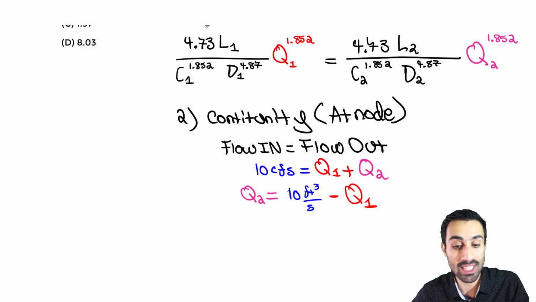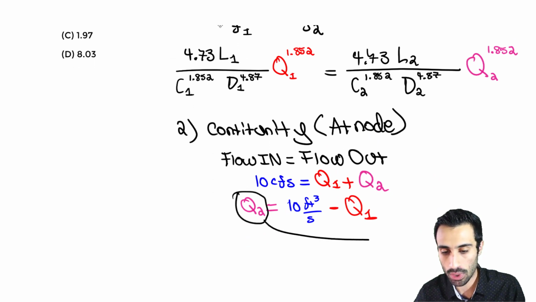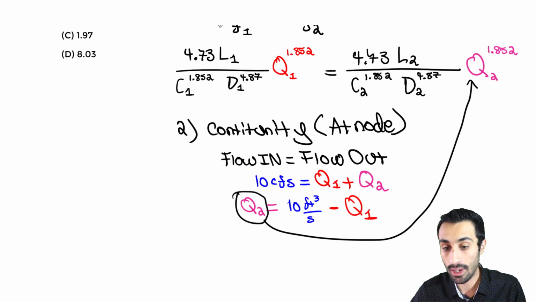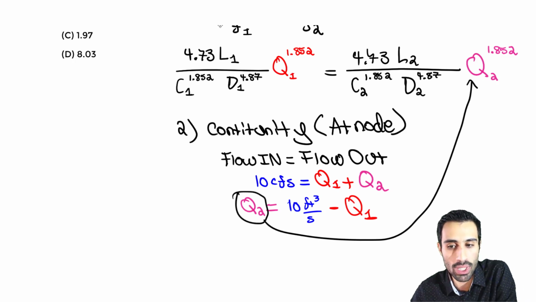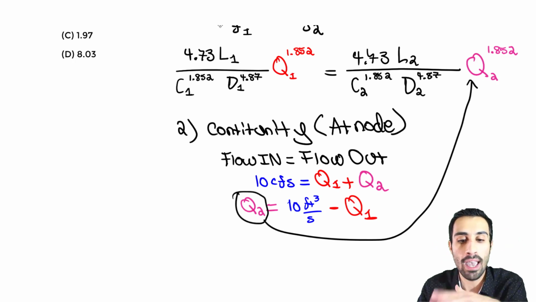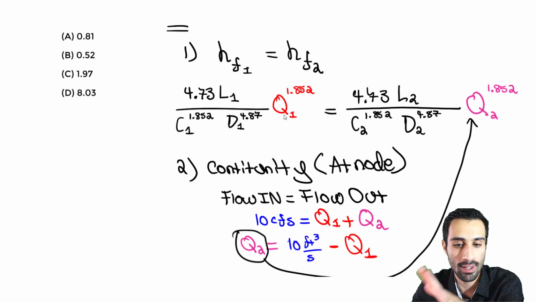So that is going to be the equation for Q2 in terms of Q1. So what we can do is take this here and go above and plug it in here. And then we get that 10 we know. Then we get this whole equation and one unknown, and we can solve for Q1, which is what we essentially want to find at the end, Q1.